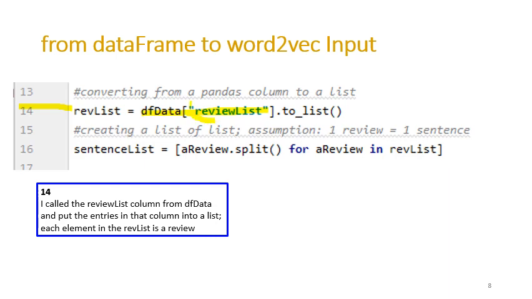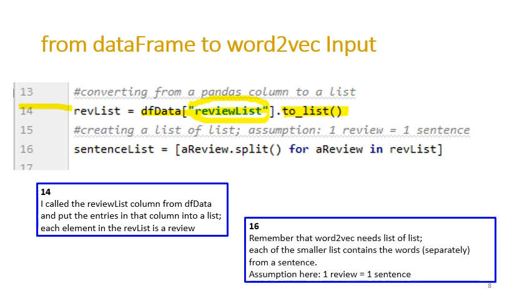This review list is the name of the column in the data frame df data. And then I convert it into a Python list. But if you remember, for running Gensim word2vec, you need to have each sentence in a list, and then each word in the sentence is broken into its own separate element. So that's what I did on line 16 here.